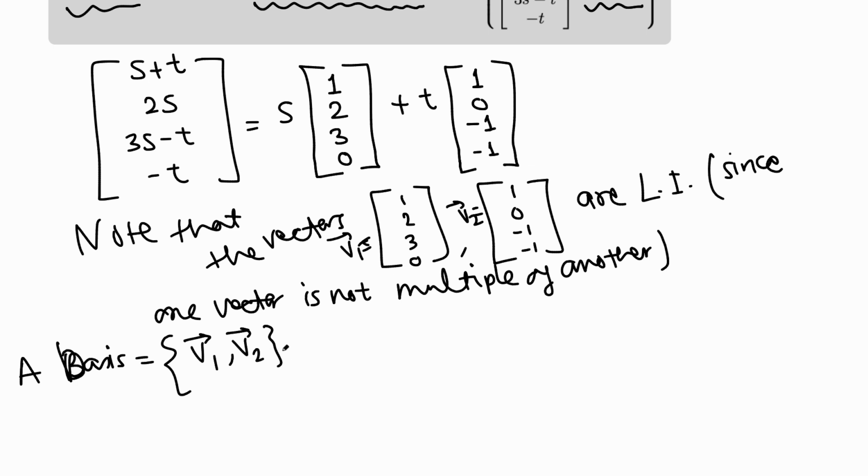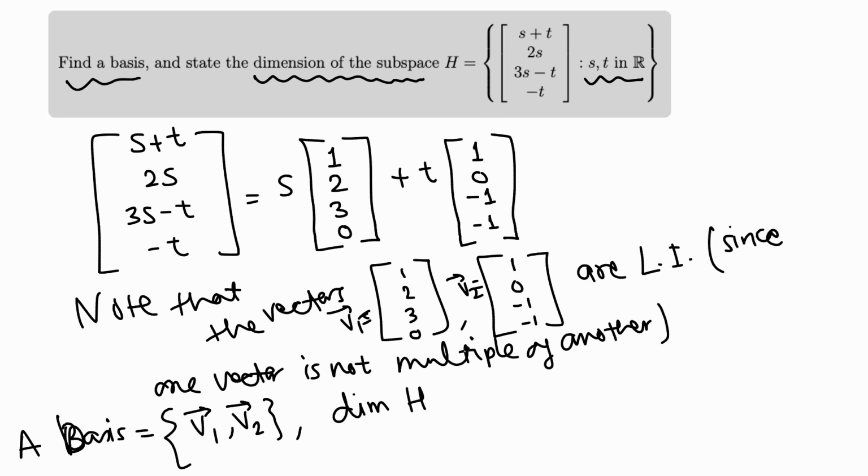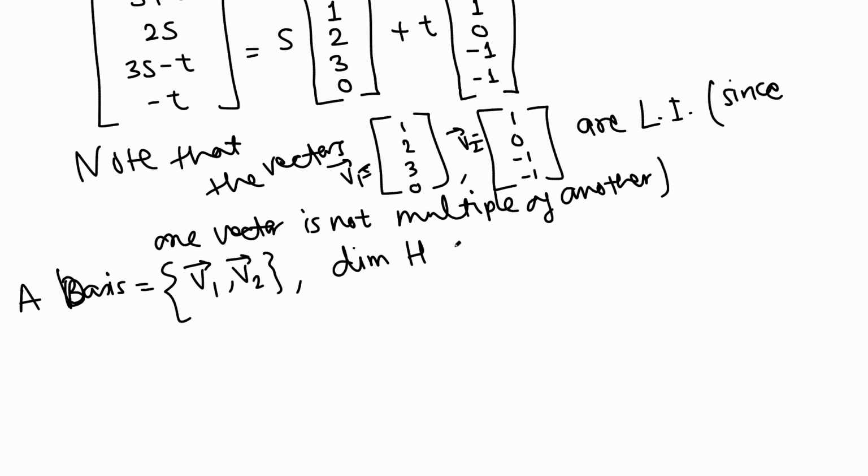Okay, that's a basis. And what is the dimension of this subspace? Because we got two basis elements, just two. Okay, so here I was naming this V1, V2, or you could list those two vectors here.